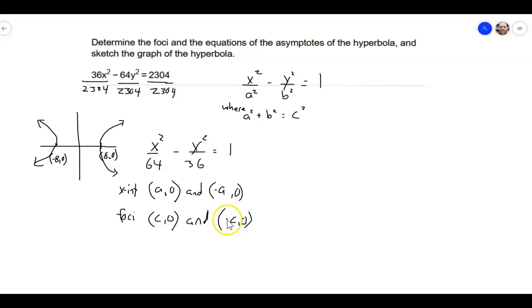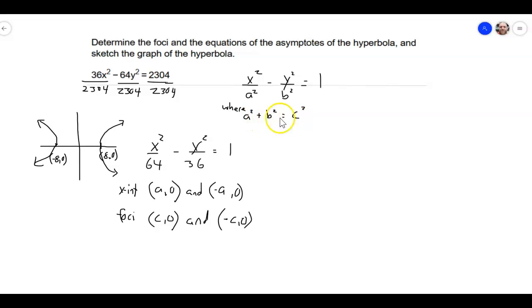For all hyperbolas, regardless of whether they open up or down or left or right, the a value is going to give you the intercepts. It'll be x-intercepts if it opens left and right, and it'll be y-intercepts if it opens up or down, so it'll look like (0, a) and (0, negative a). And the foci always use the c value.